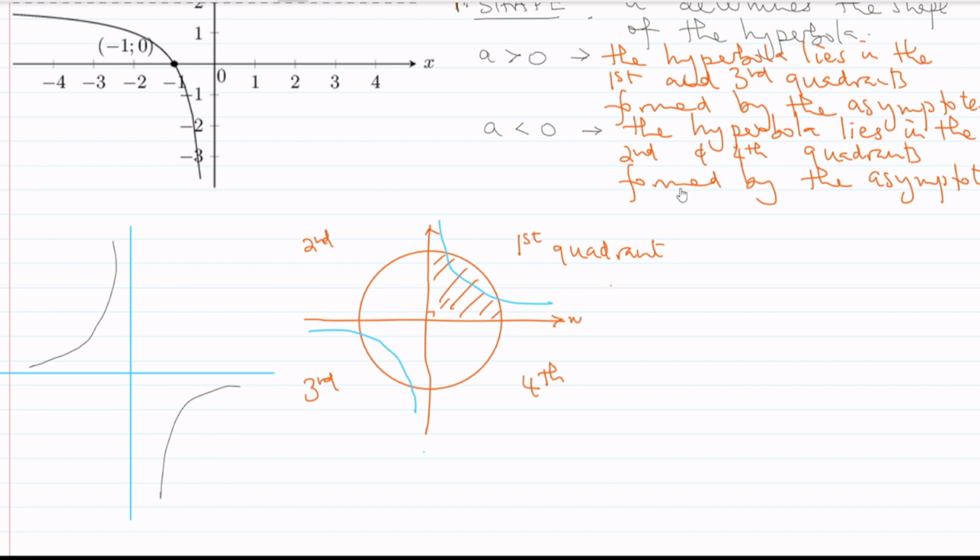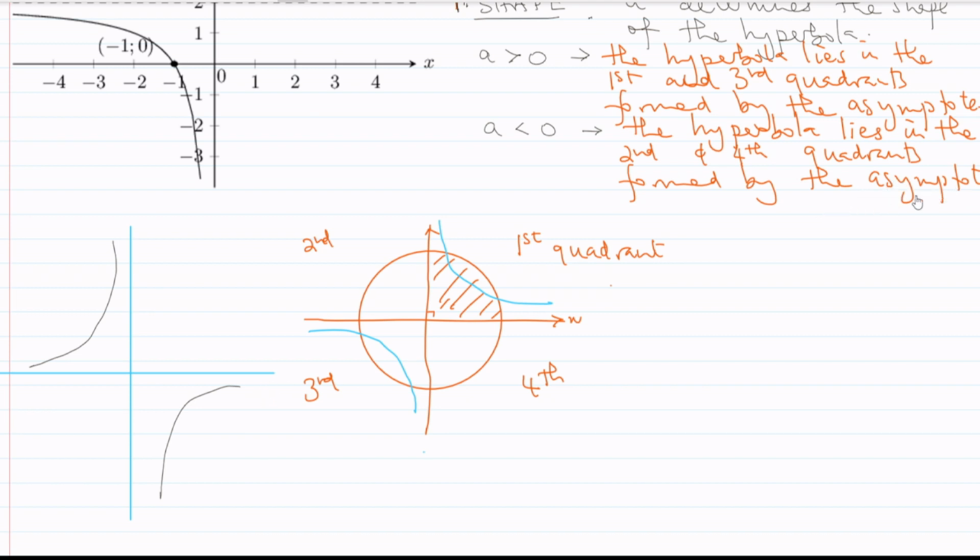That is very important. So we are assuming that this is an asymptote and this is an asymptote. So we are looking at the quadrants that are formed by the asymptotes. So we understand what a quadrant is. Okay, so now let's come to asymptotes.